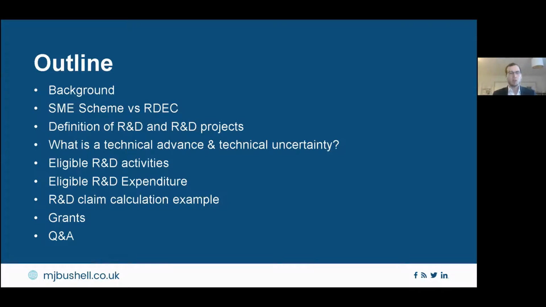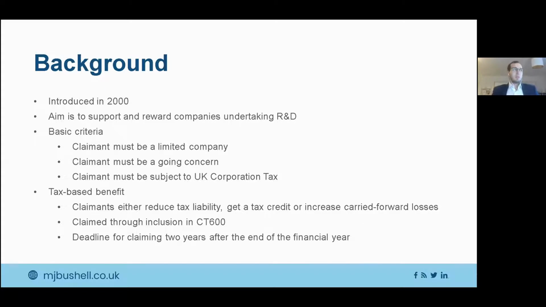So I'll start off with a little bit of the background of research and development claims. This was introduced in 2000 by HMRC. And its aim is to help support businesses that are innovative and carrying out advances in science and technology. The government wants to encourage this type of innovation. So one of their ways to do that was introducing this really beneficial tax relief scheme called R&D.